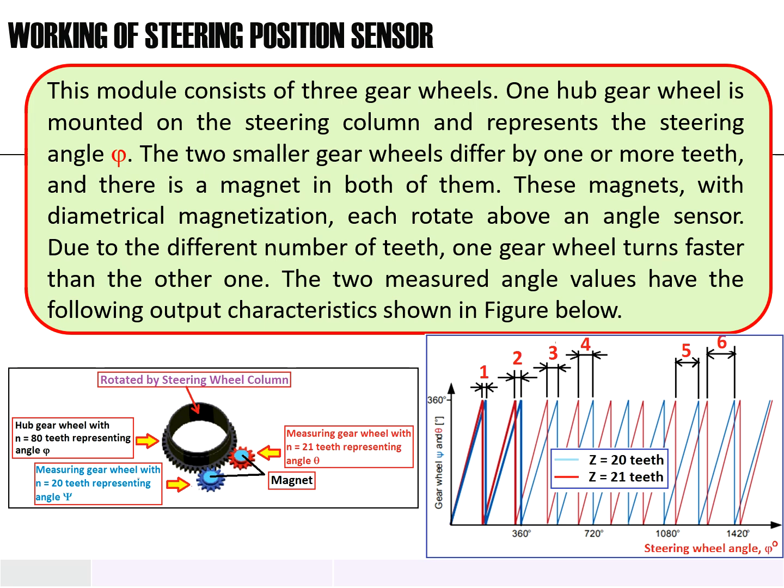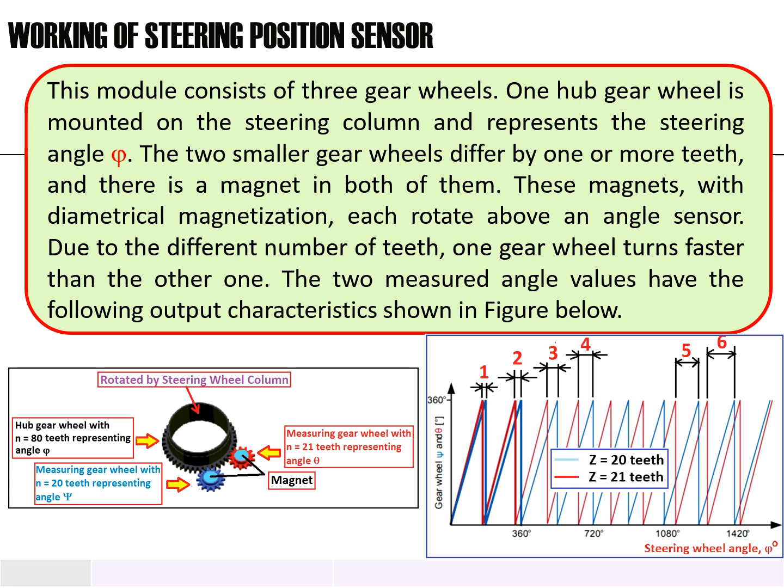There are also 2 similar gear wheels. The 2 smaller gears have a difference in their number of teeth, and magnets are provided in both of these smaller gears. These magnets are diametrically magnetized and rotate above the angle sensors.